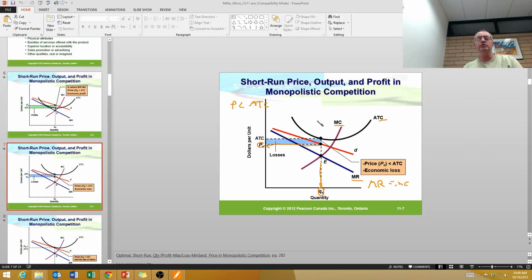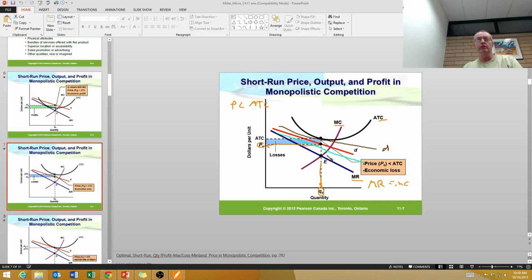So if price is less than the average total cost, we have economic losses. So what happens? Firms will exit the industry, and as firms exit the industry, the demand curve for each firm will shift to the right. It's kind of hard for me to draw here. And then we'll have, so this is the new demand curve, and then we'll have a new marginal revenue curve somewhere in there.